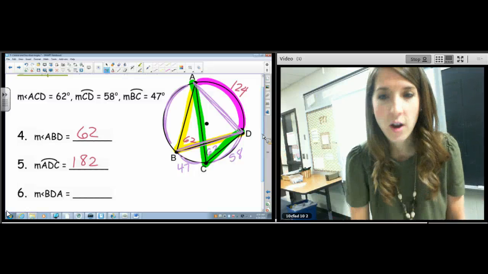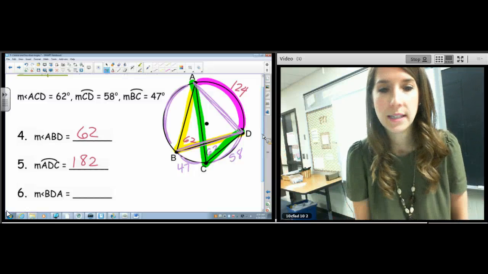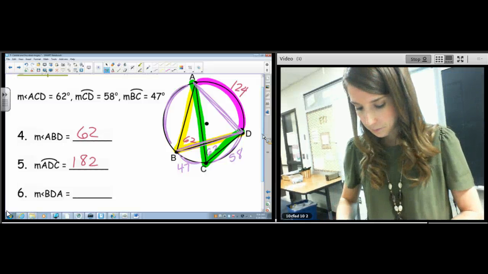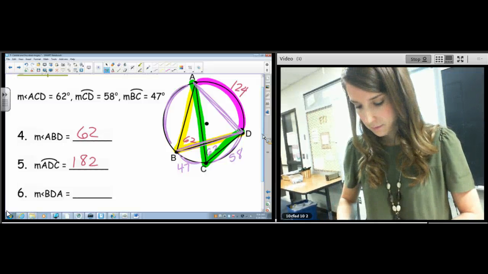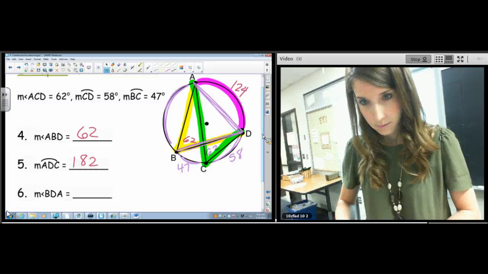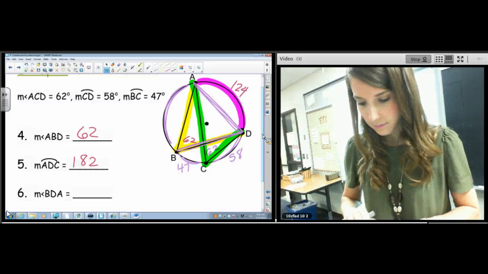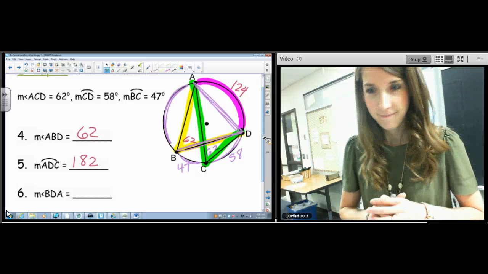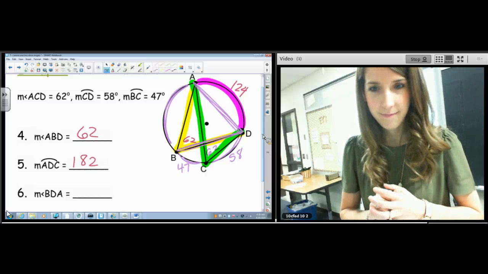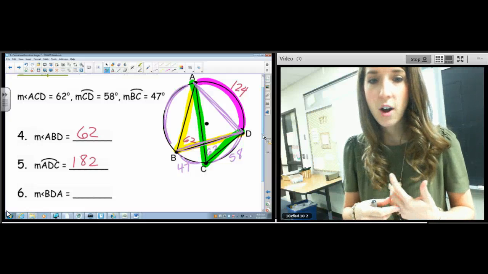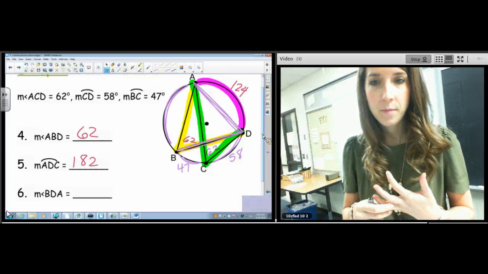So you need to find the missing arc, and then you need to divide by 2 because an inscribed angle is half the arc. So who's going to get it first? Find that missing arc. Find arc AB.